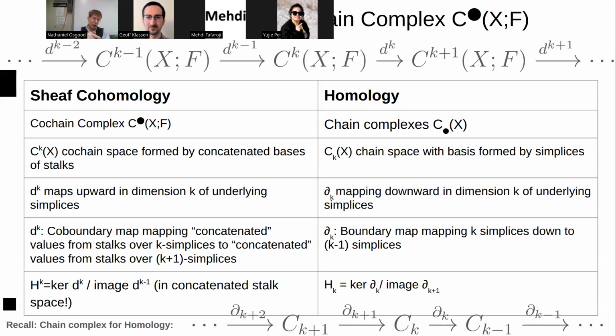For sheaf cohomology, instead, the data associated with those k-simplices is specifically from the stalks of those k-simplices. So the vector space here has as its basis the concatenated basis for the stalks of each of the simplices of dimension k.